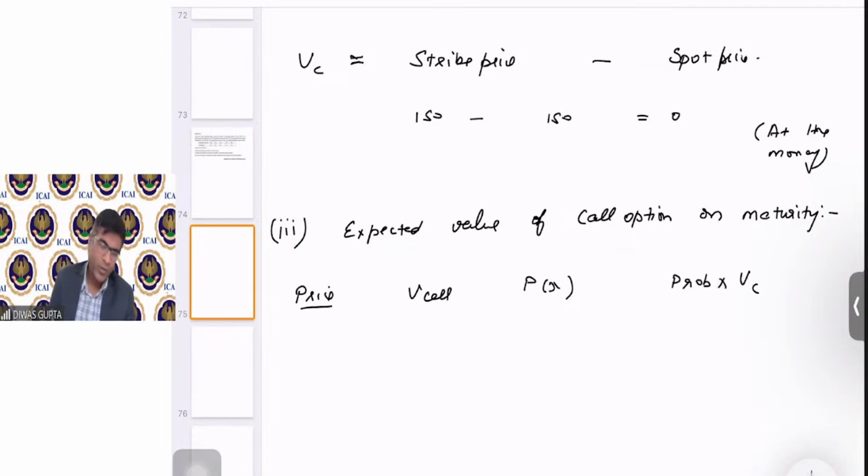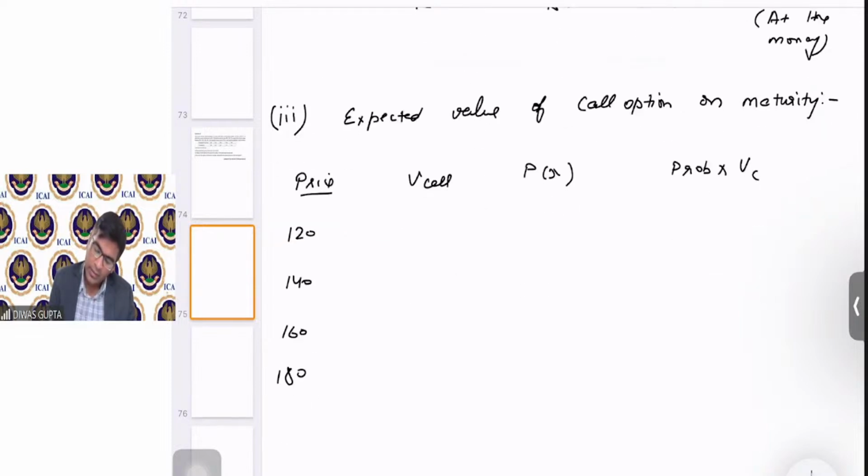Okay. So the prices were 120, 140, 160, 180, and 190. So students, what is the strike price? Strike price was 150.